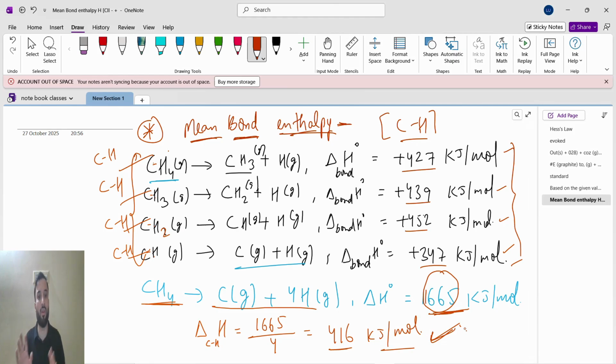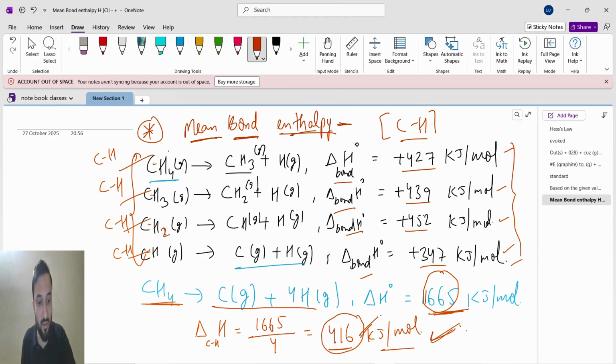So we get to know that the mean bond enthalpy, or average bond enthalpy, for the carbon hydrogen bond in CH4 is 416 kilojoule. So in place of remembering the bond dissociation enthalpy for each and every step, it's better to find the mean bond enthalpy and just remember the one. It becomes easy to remember one in place of four different values for different steps.